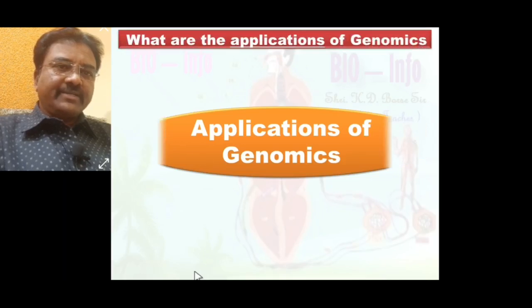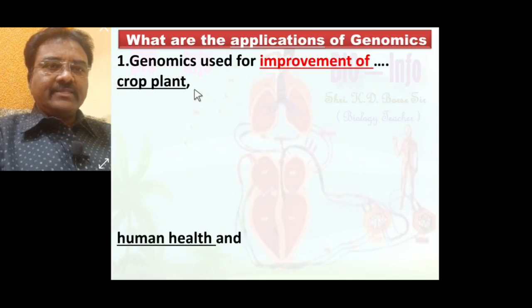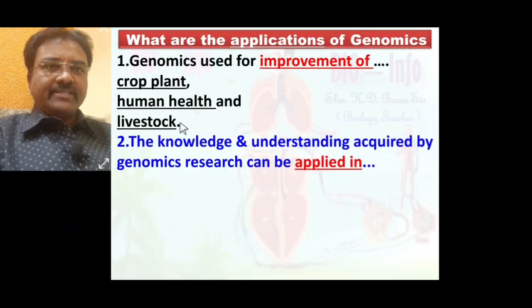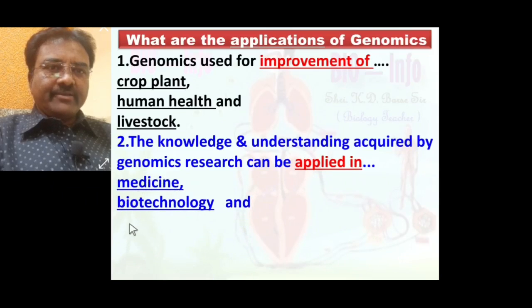Applications of genomics. Genomics is used to improve crop plants, human health and livestock. Second, the knowledge and understanding acquired by genomics research can be applied in medicine, biotechnology and social science.